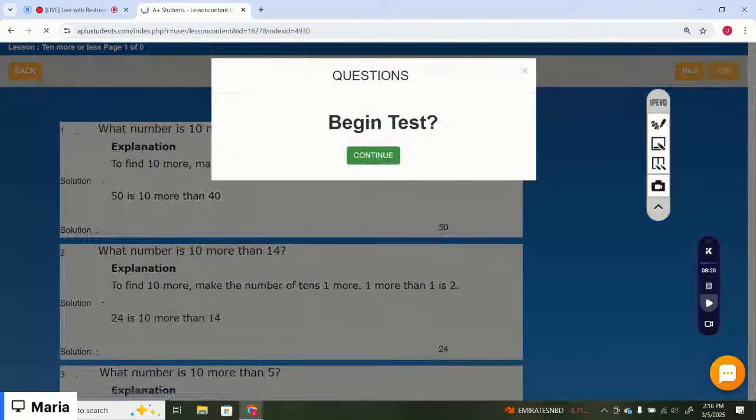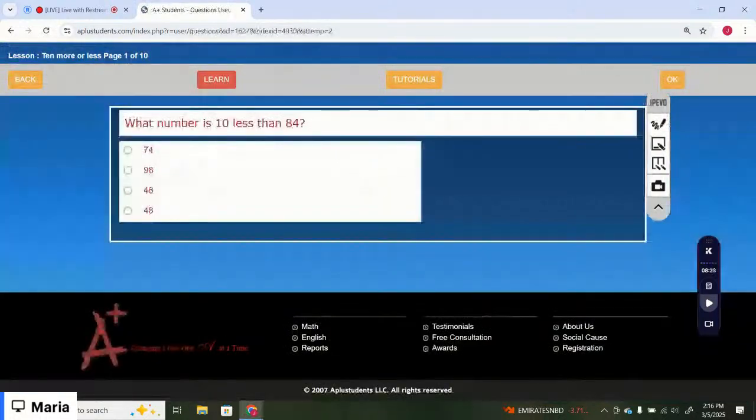Let's just start with the test questions. What number is 10 less than 84?